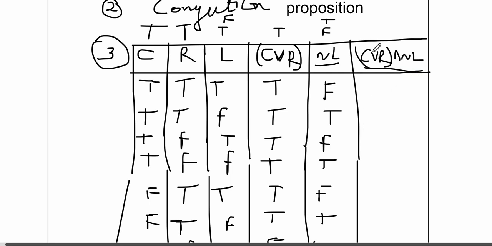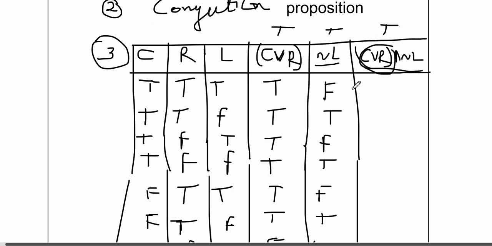What you have to do is take this first part, and then use the conjunction with the second part. In the end, as I mentioned earlier, both have to be true for the result to be true, otherwise it will be false. This has to be true, this has to be true for the result to be true, that is, for the entire statement to be true.